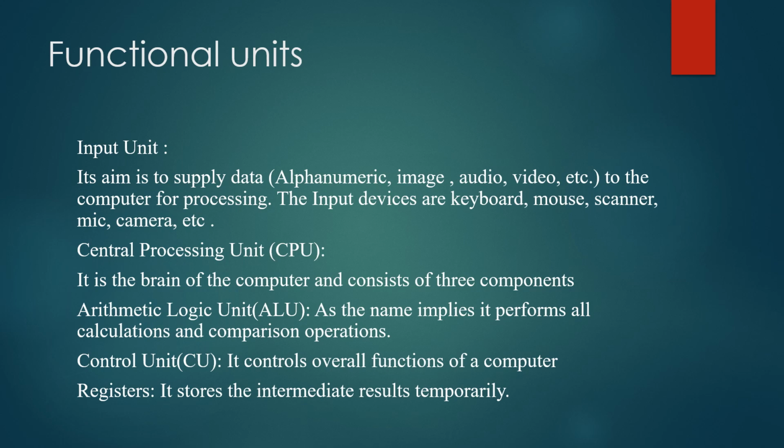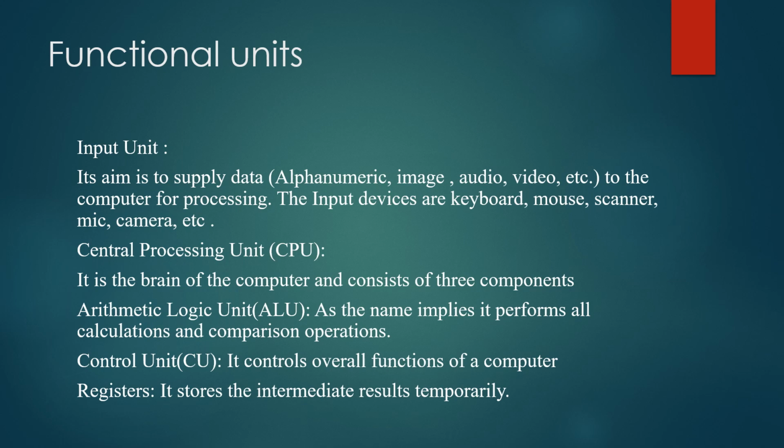That is why the input unit is required: it takes input and converts it into binary language so that the computer can understand it and perform the function. Commonly used input devices are keyboard, mouse, joystick, trackballs, microphones, and camera. These are all examples of input devices.